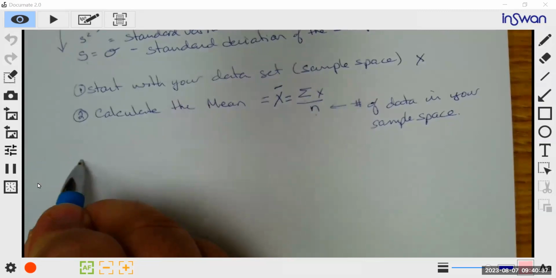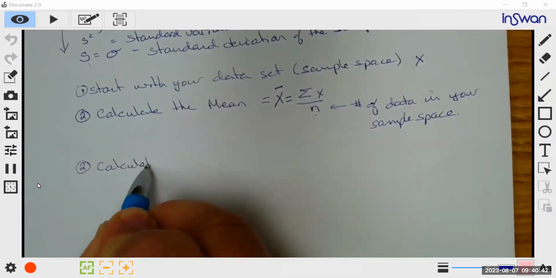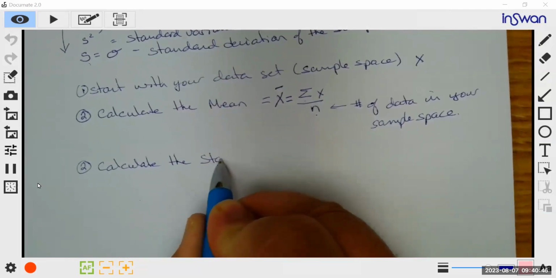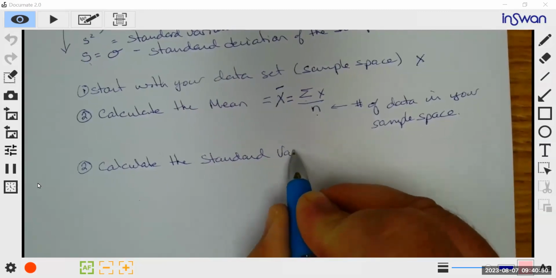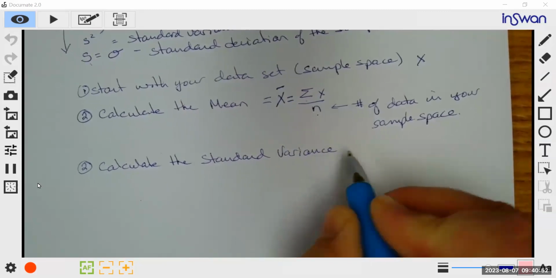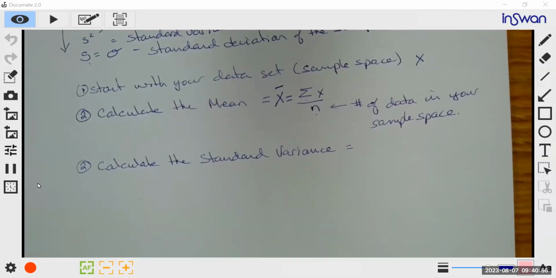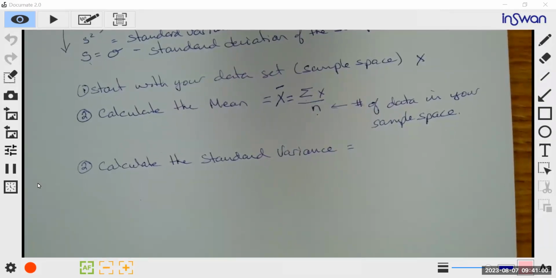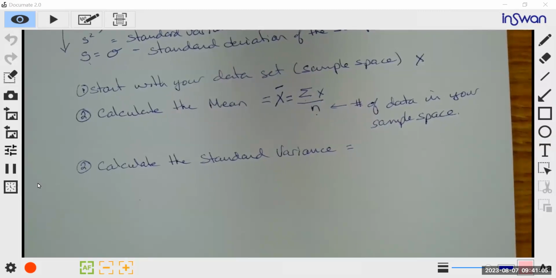From there, we calculate the standard variance. What the standard variance is, you look at how far each of your data points is away from your mean.